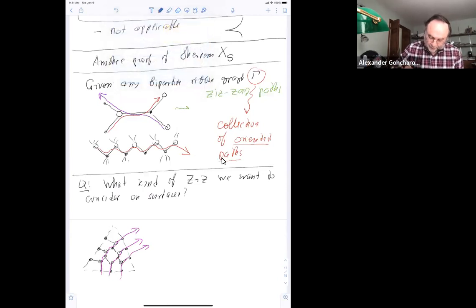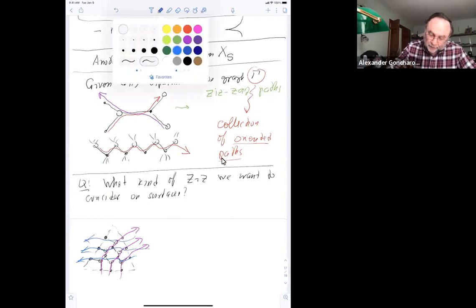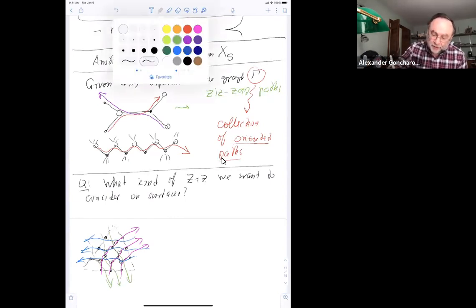But you can consider the others, and they will look as follows. And then you have another three, and they will look as follows. There are no other zigzags in this picture. So there are three kinds of zigzags, and they look this way.